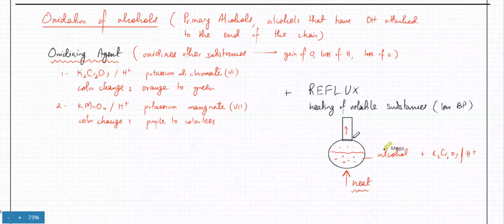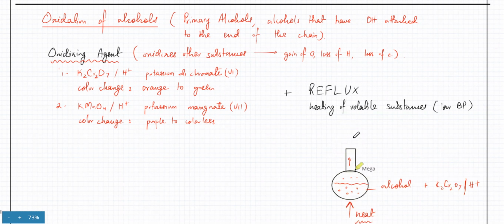So what is done is a condenser is placed on top of it. On the mouth of the opening, there's a condenser that is placed. This condenser is attached with water in, water out.